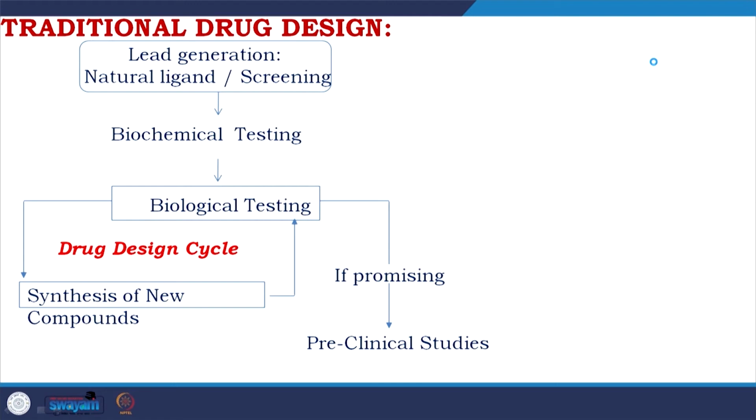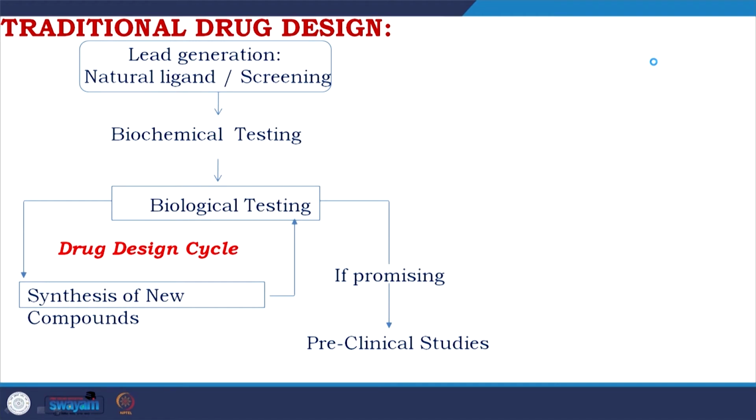Before going into challenges, let us look at traditional drug designing. You have this lead generation, natural ligand, you do screening, then you get the biochemical testing. If you get a positive result in biochemical testing, then you go to biological testing.